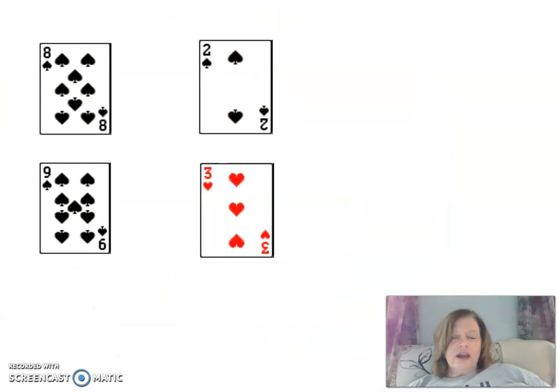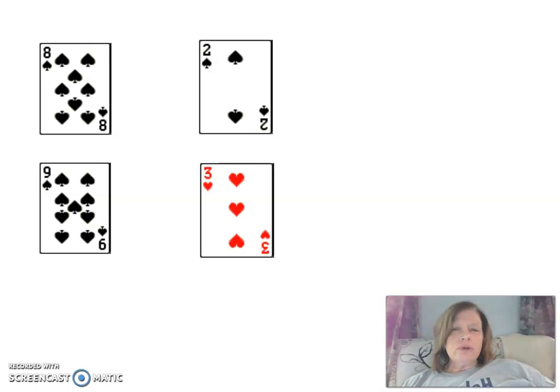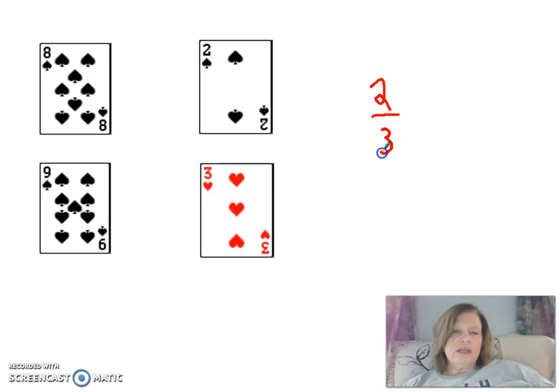On our final round, we pick the cards to show the fractions 8/9 and 2/3. Both are just 1 unit fraction away from 1, so I can reason about those sizes, or I can make an equivalent fraction. I can change 2/3 into a fraction that has a denominator of 9, since I know that 9 is a multiple of 3.